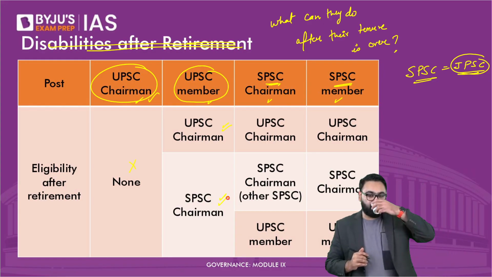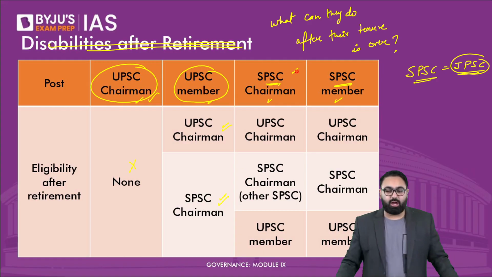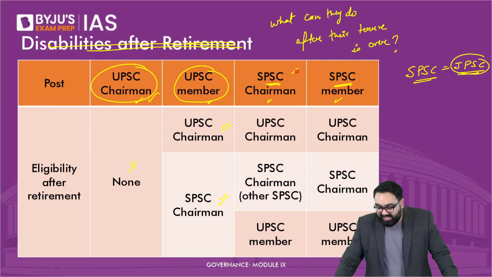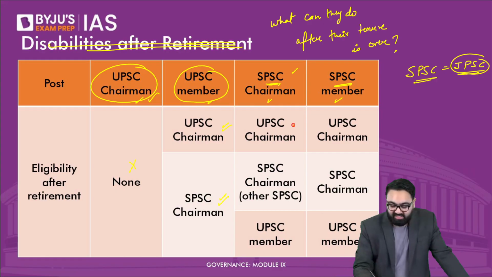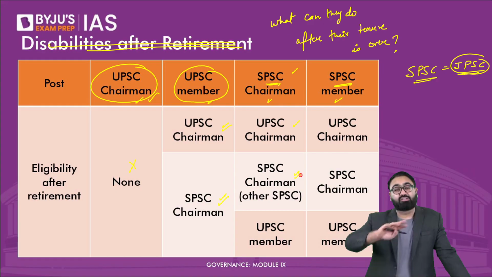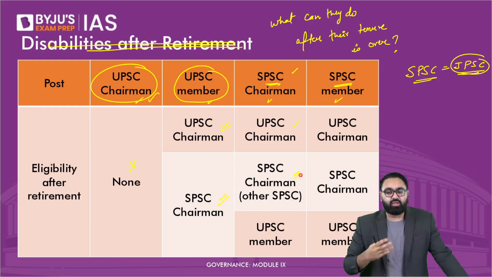Then, if you completed your tenure as a state PCS chairman, then what do you do? After your tenure is over, you can either become a UPSC chairman or you can become a state PCS chairman for some other state. For example, let's say you are the state PCS chairman for Tamil Nadu, your tenure is over, then what can you do?